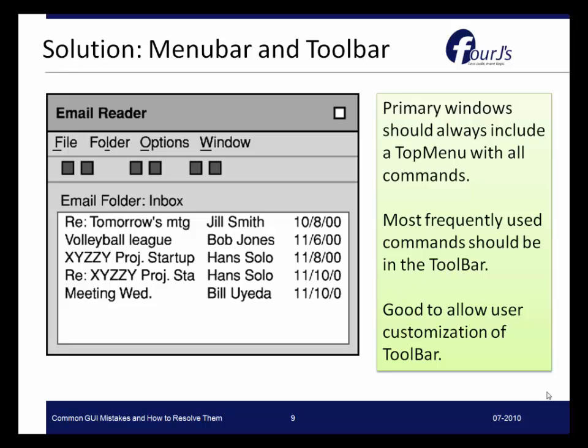So the solution is to include a toolbar and a top menu or a menu bar. So here we have both. The primary window should always include a top menu with all the commands so that the user has one place to find everything that's available to them. The most frequently used commands should be in the toolbar, and it's good to allow the user to customize the toolbar where possible and where it's helpful to them.